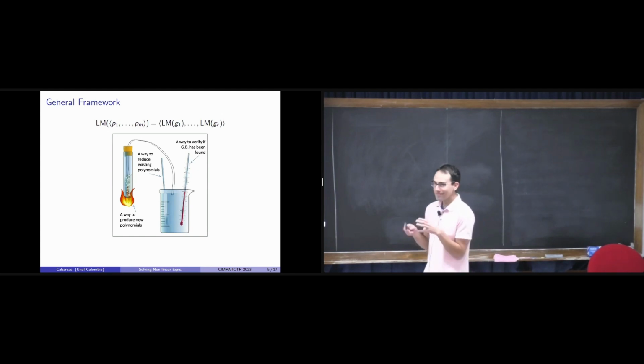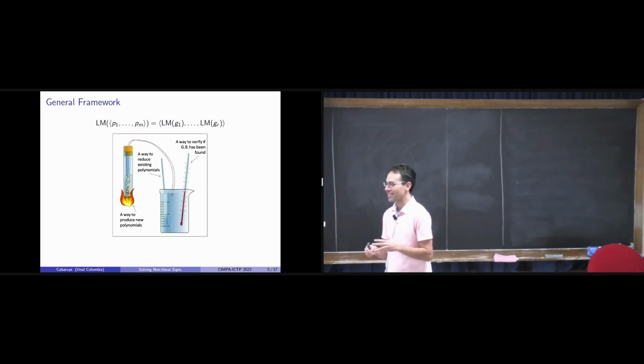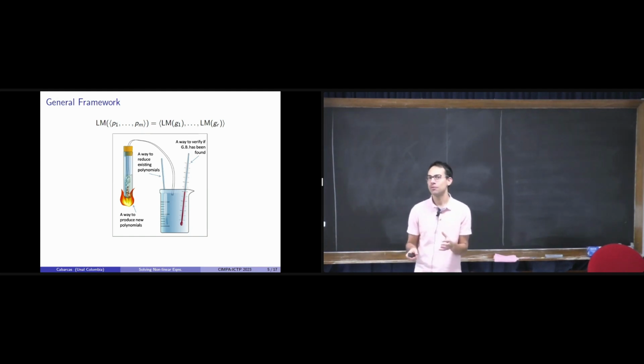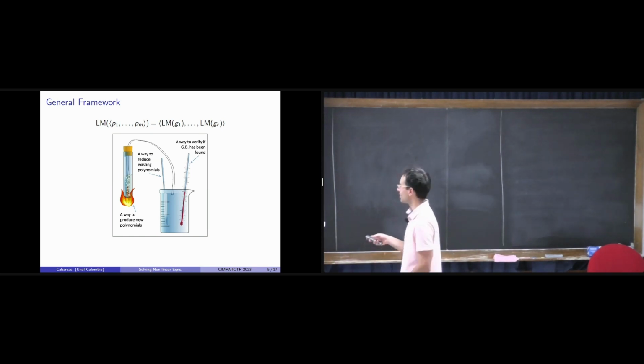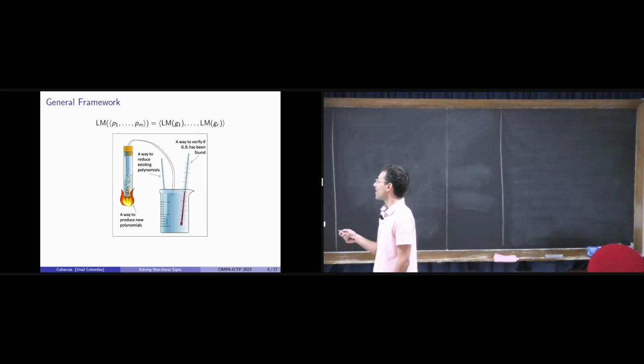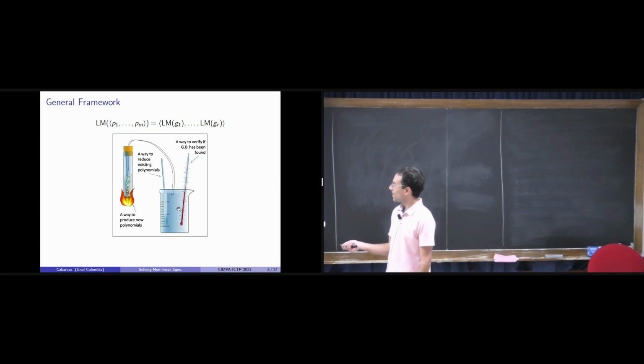Now, I'd like to see, as a general framework of computing Groebner bases, something like this. What we're trying to do is make sure that the ideal generated by the leading monomials of the GIs has all the leading monomials of the ideal. That's what we're trying to do. So what we do is we put in this beaker a basis.